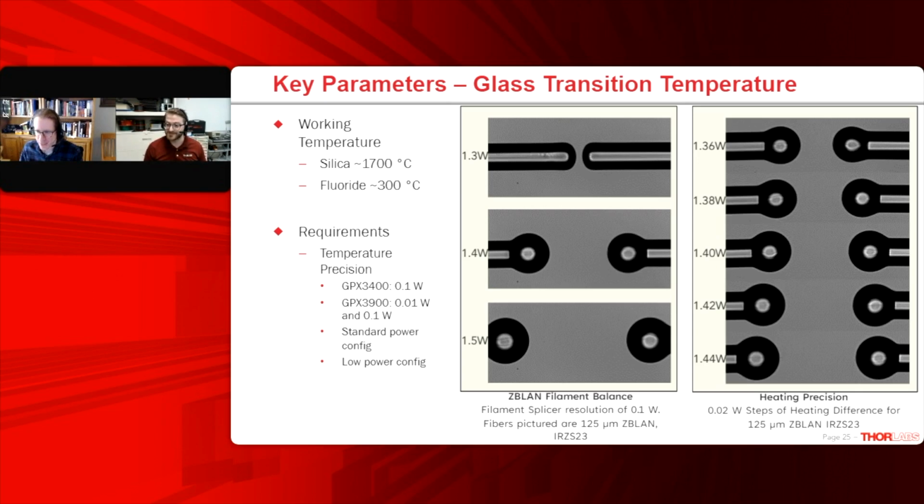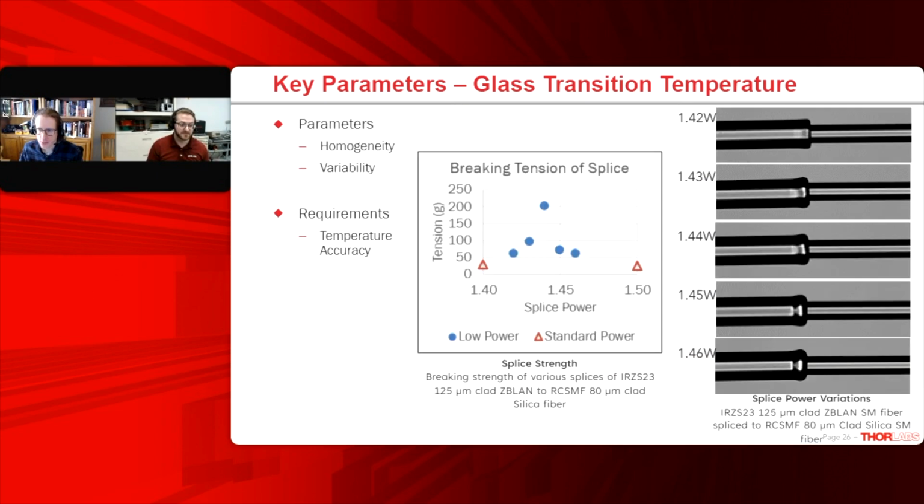Okay. We had a question getting at that picture where we showed the fluoride spliced into the silica. We're looking at the different amount of rounding on the fluoride fiber. Is that due to pushing the silica into the fluoride, or is that also due to temperature that we see the difference in rounding?